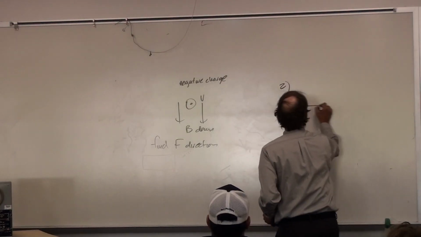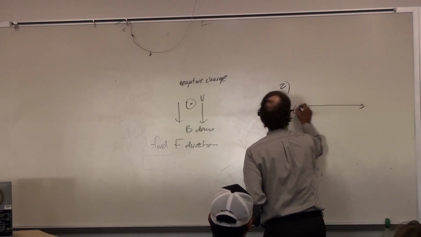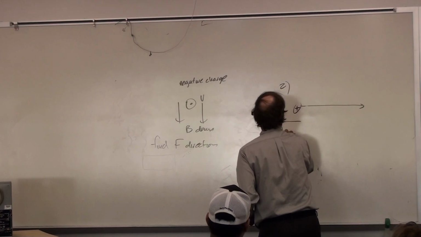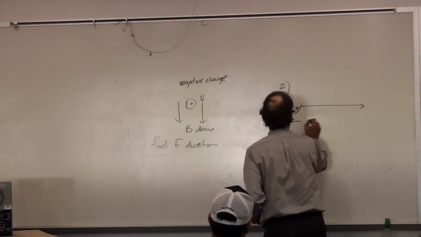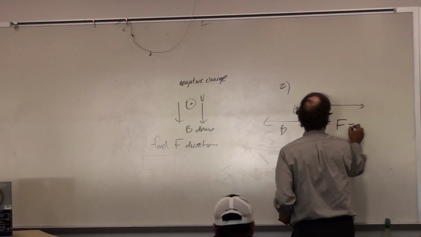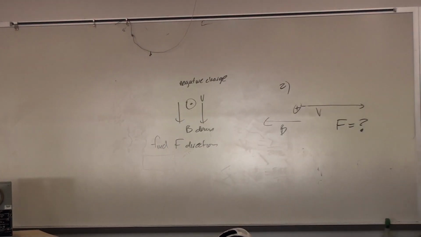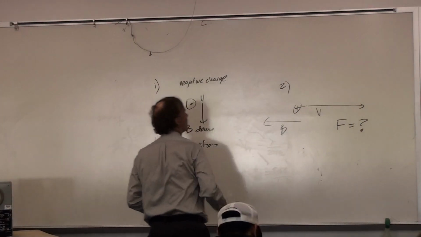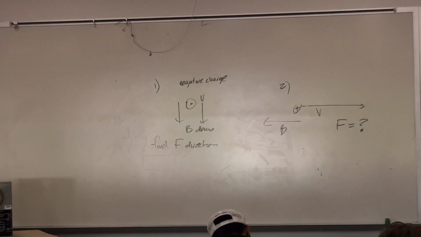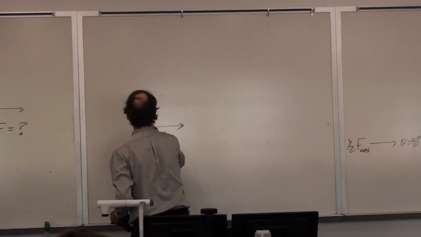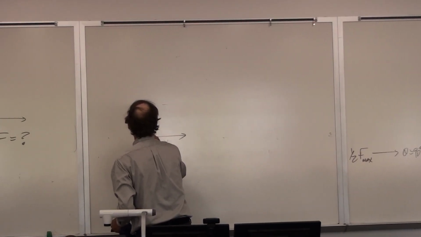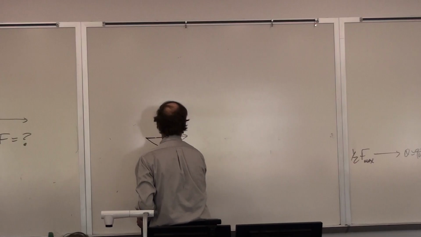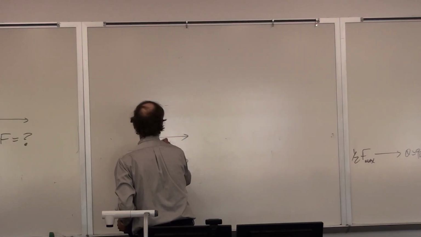Two, here we have a charge moving to the right and a magnetic field moving to the left. The next one, let's have the velocity moving this way and the magnetic field going down like that at a 45-degree angle.